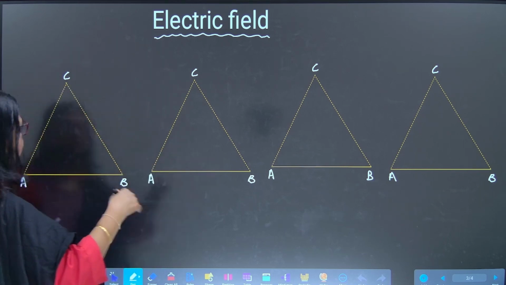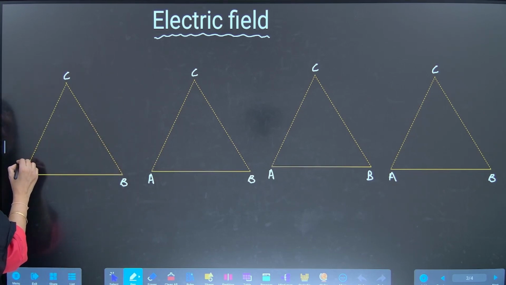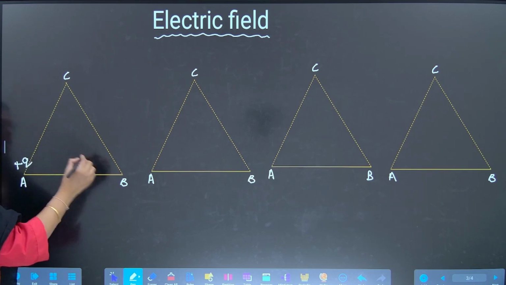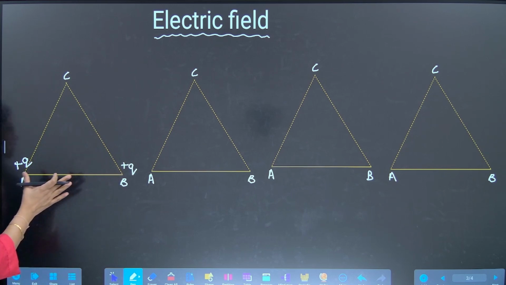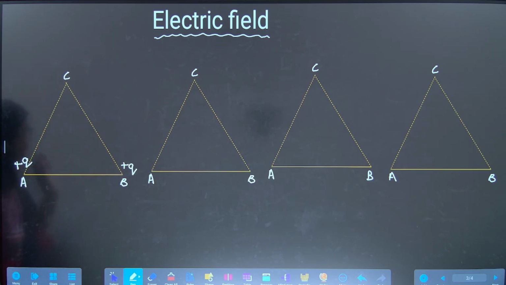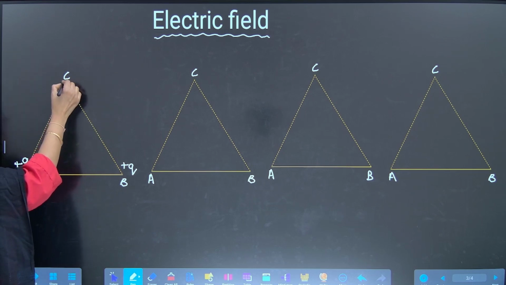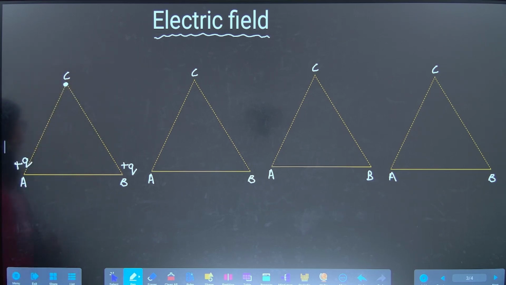I have just drawn 4 triangles, but here I am considering the charge positive Q and positive Q placed at the two vertices of an equilateral triangle, where I have to find out the electric field at the point C. This is basic.